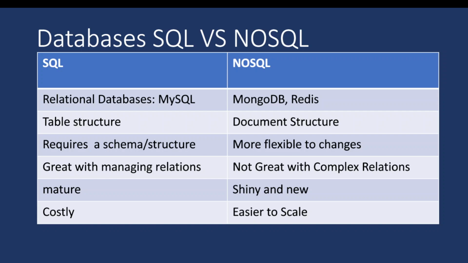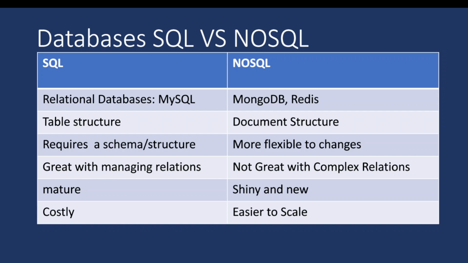And so let's start. In databases, we have two types of query languages, that is SQL and NoSQL, where SQL stands for structured query language and NoSQL stands for non-structured query language. As per the name, we can understand that SQL is used to store structured data and NoSQL is used to store non-structured data.